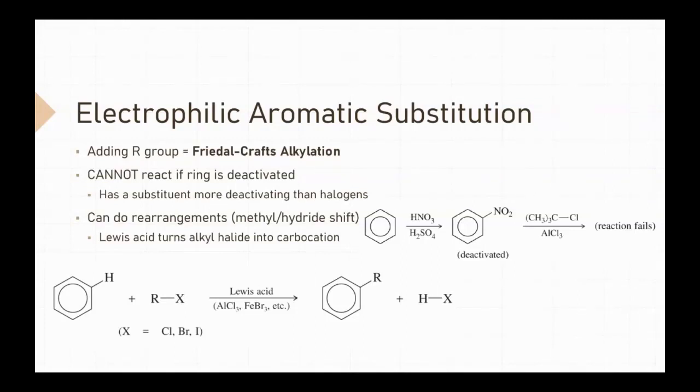Remember, the Friedel-Crafts cannot happen on deactivated rings. So once you have a deactivator or a withdrawing group like this, doing Friedel-Crafts will not happen. Okay? So if you want to add your R group, make sure you add your R group first, and then add your withdrawing group.